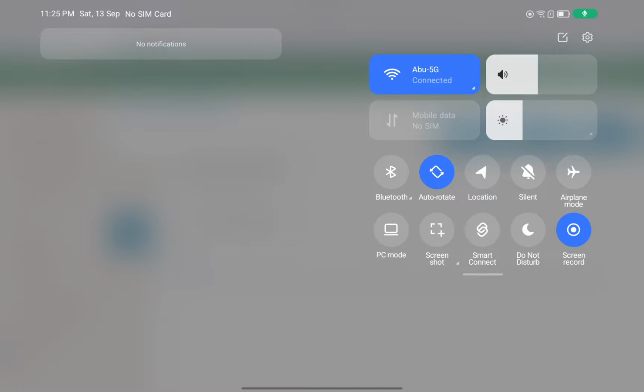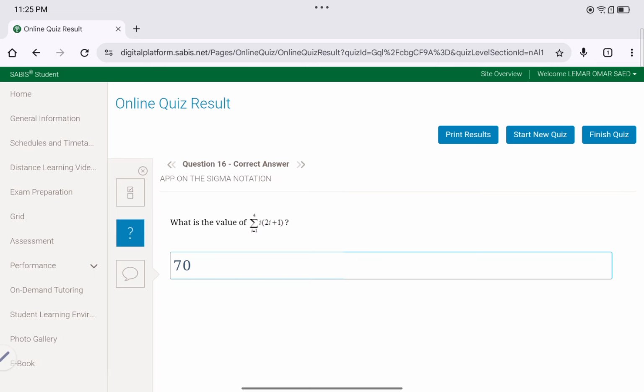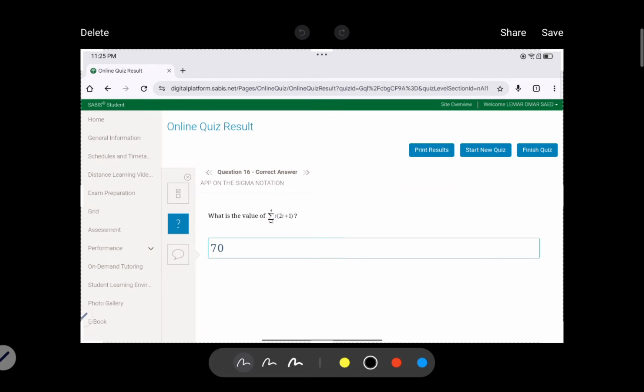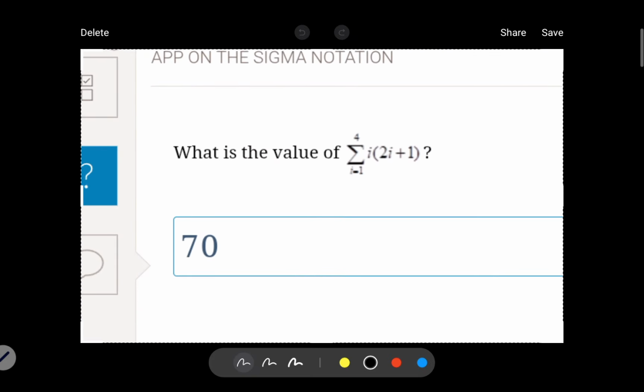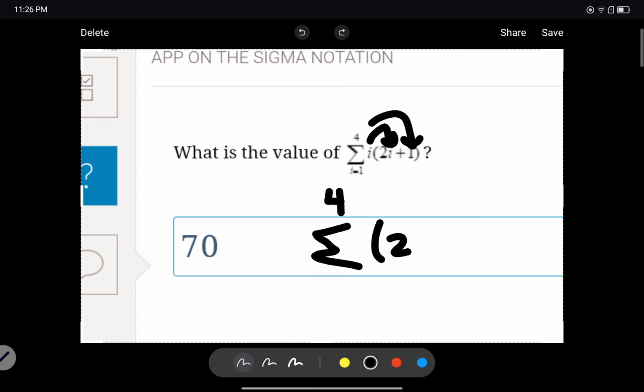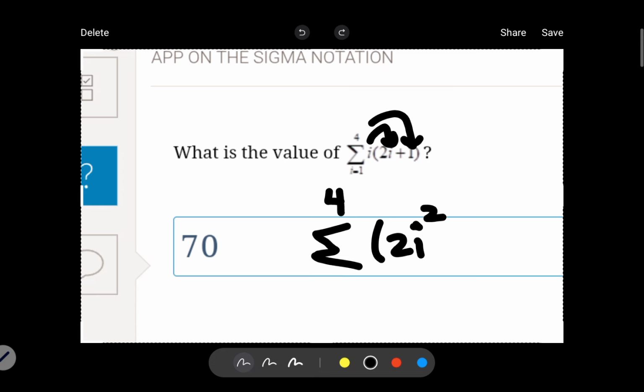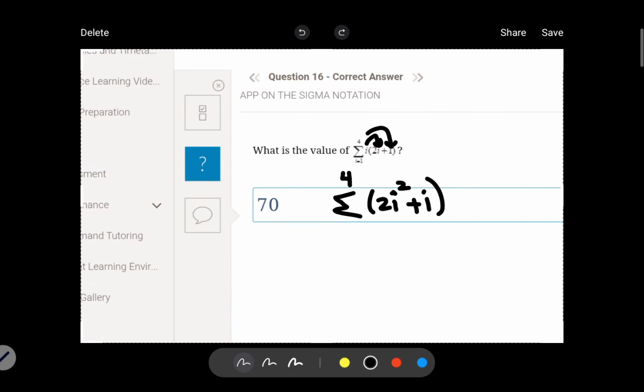Okay, this one you can put it on the calculator, but you have to substitute this first. So 4, and 2i squared plus i, but you don't put it on like this on the calculator.